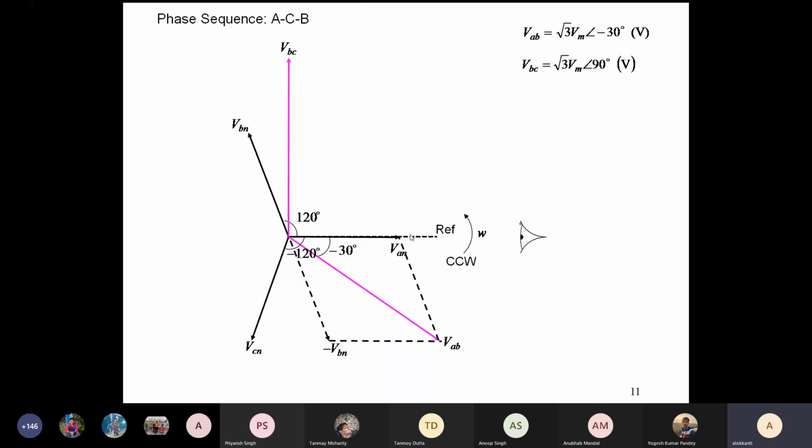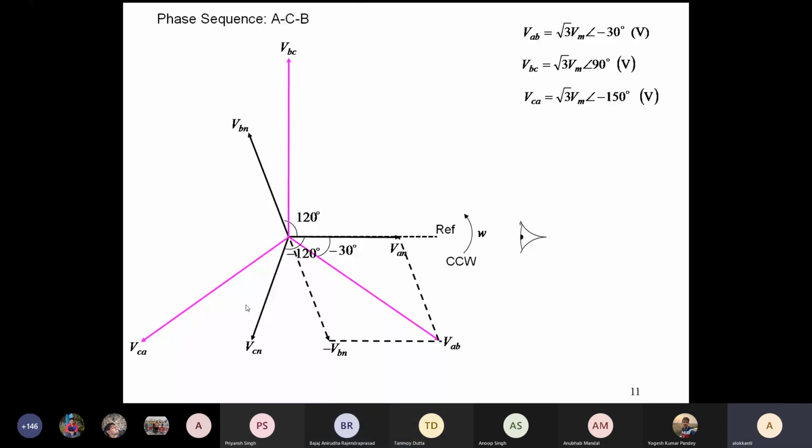The addition of VA reversed will be here, completing the parallelogram. So what is the angle? Minus 150, or you can also find out the equivalent positive angle, plus 210. So this is how you get the angles.